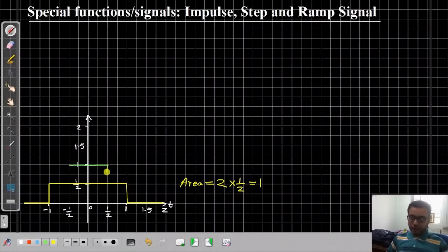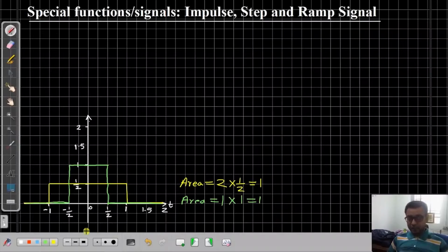So it goes down to 0 at time equal to half, and before time equal to minus half it was also 0, and after this point it is again 0. Now the area under this green curve is given by the width, which is 1, multiplied by the height, which is also 1, so the area is 1.